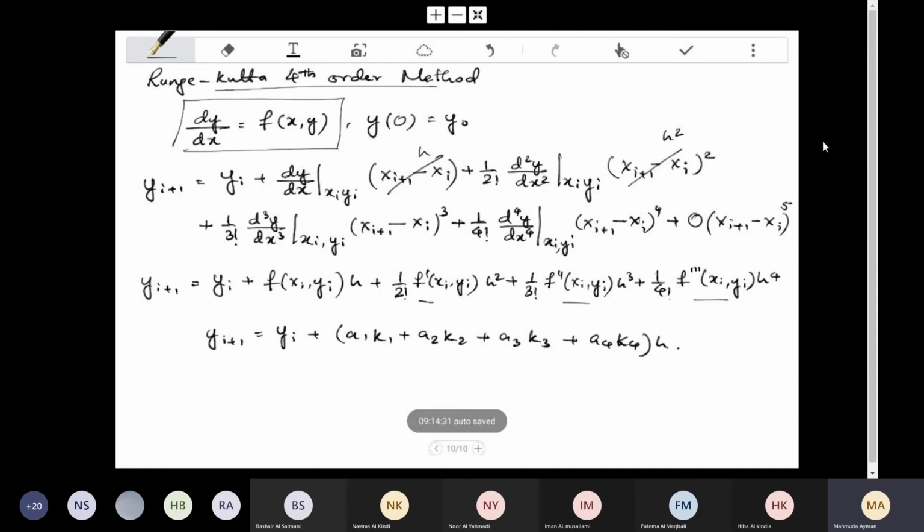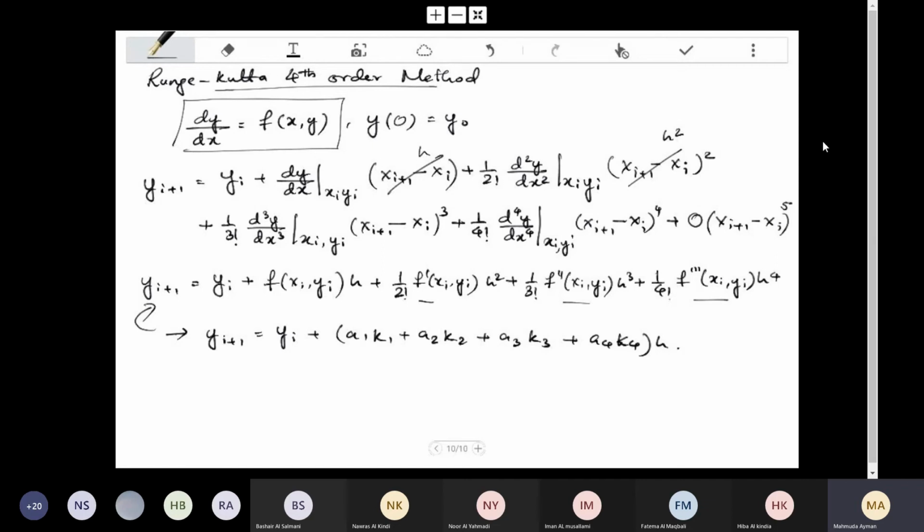They then equated this form to the Taylor series up here, and they came up with the formula where you're not required to calculate the first, second, or third derivatives of the function.